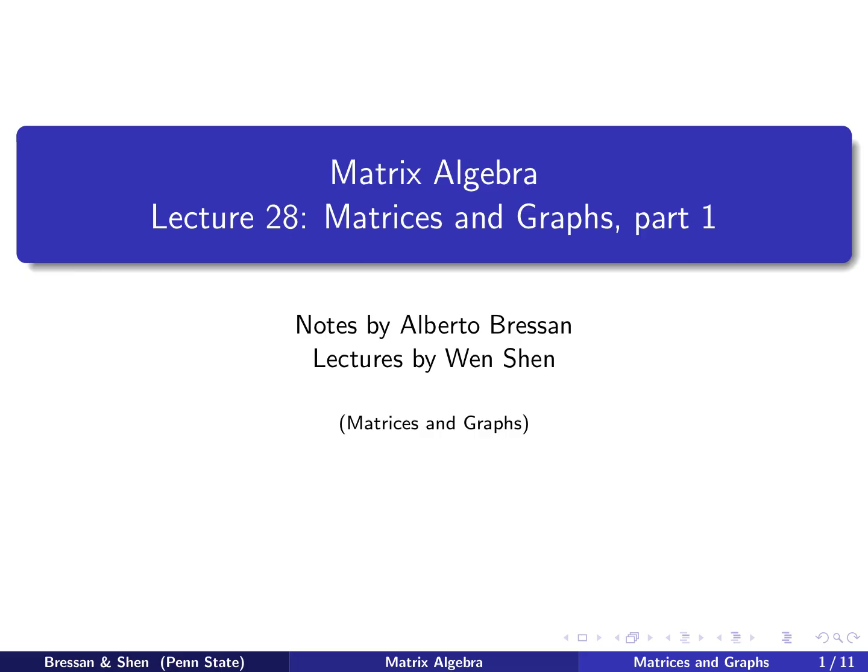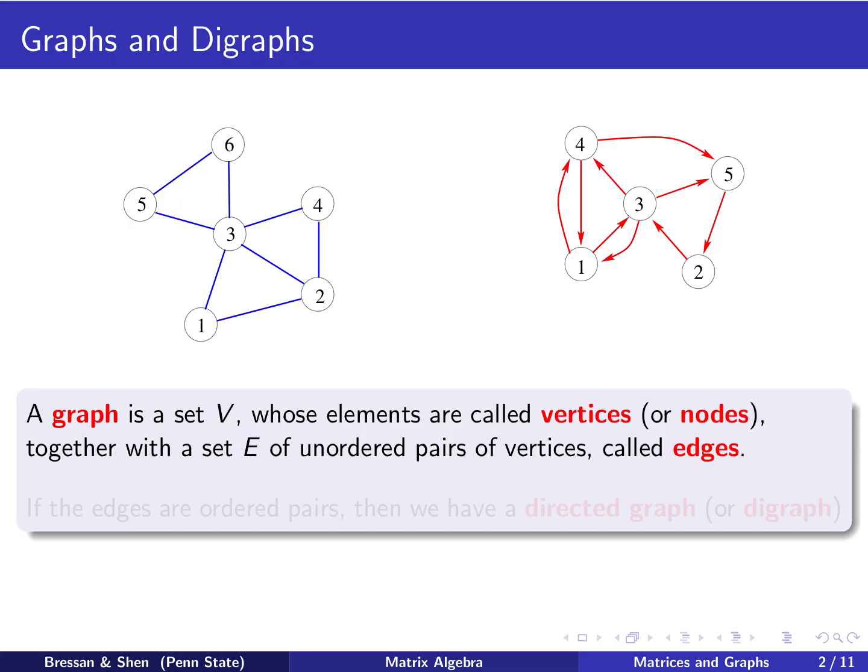Let's get started. So what is a graph? A graph is basically a set, let's call it capital V, whose elements are the following, and you can have all these vertices. We label them 1, 2, 3, 4, 5, 6 in this example, and they are also called nodes.